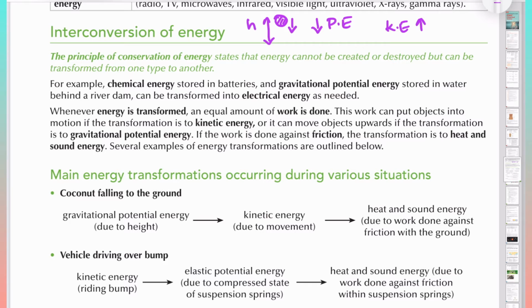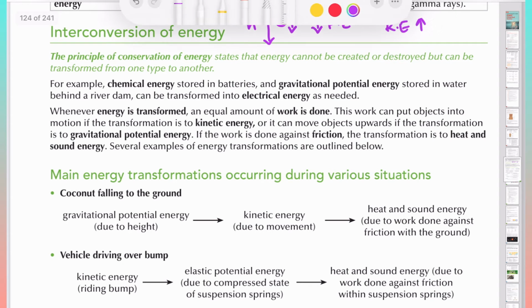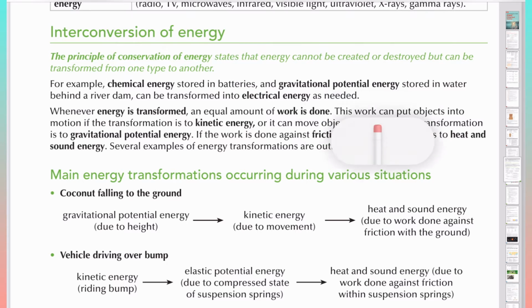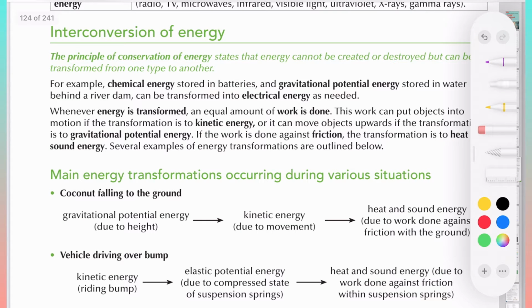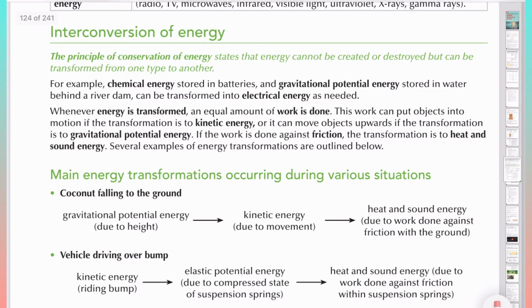So kinetic energy will be maximum and potential energy will be minimum. So the potential energy is not lost, but it is rather converted into kinetic energy. So this can be explained by the principle of conservation of energy, that energy is neither created nor destroyed, but it can rather be converted or transformed from one form to another.